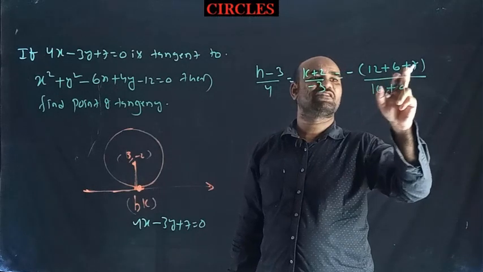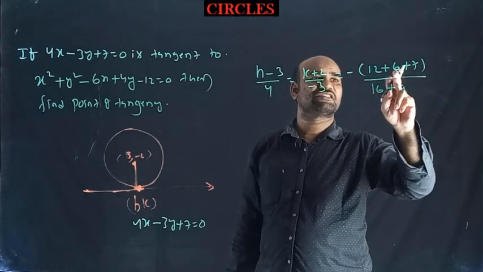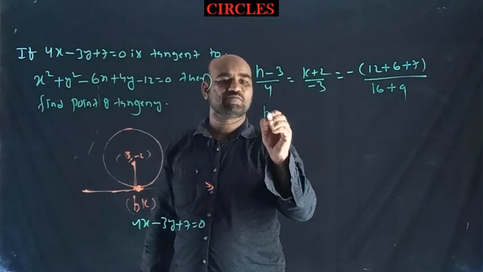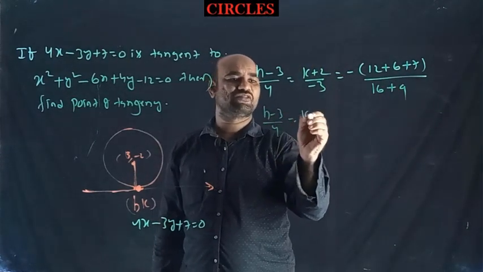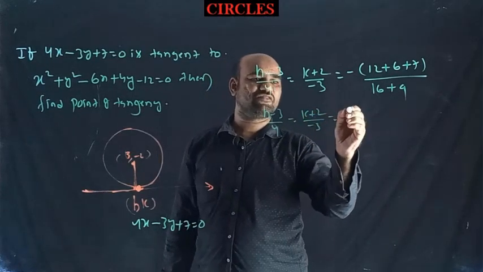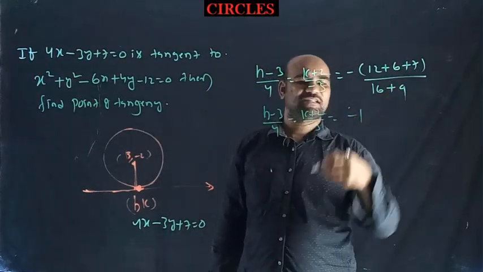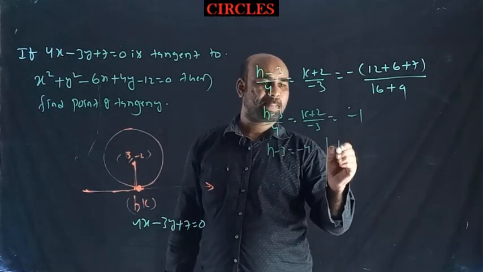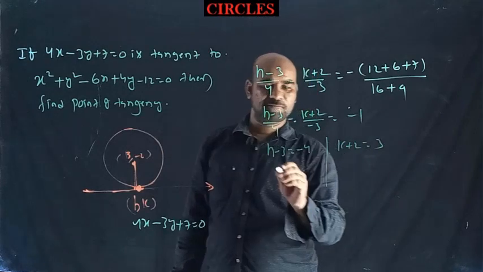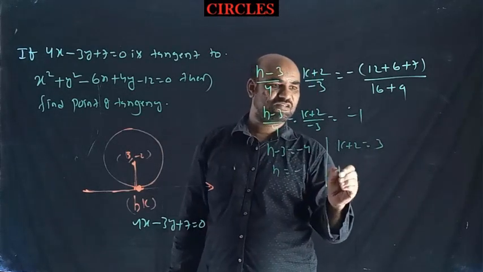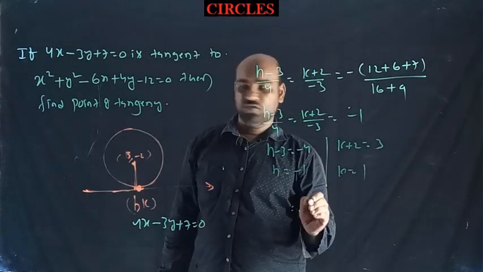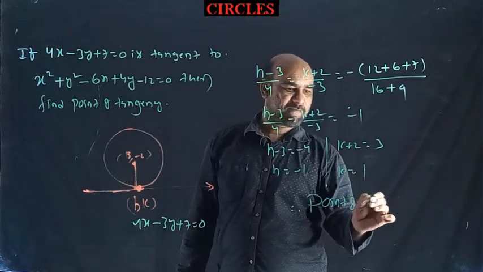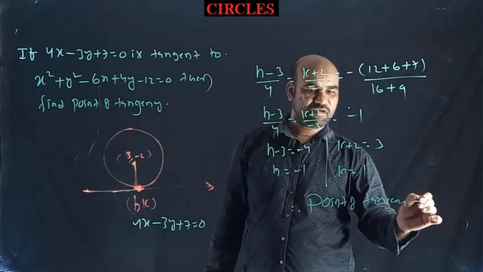Okay, this is 6 plus 12, 13, 25 by 25, 1. So (h minus 3) by 4 equals (k plus 2) by minus 3 equals minus 1. Cancel. So h minus 3 equals minus 4, k plus 2 equals 3, h is equal to minus 1, k equal to 1. Therefore the point of tangency is (minus 1, 1).